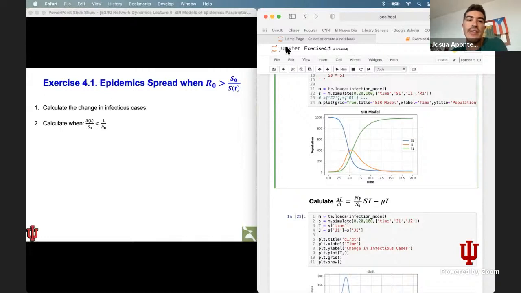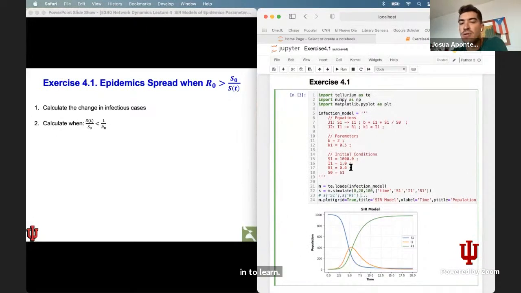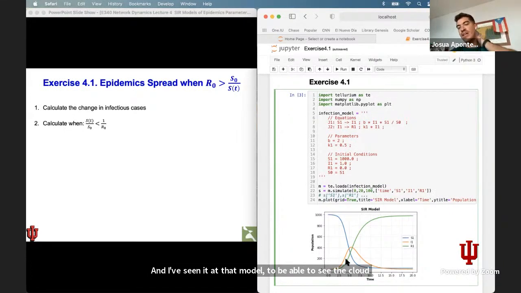And again, as I mentioned in this first part, I haven't done anything really. I have just specified the SIR model in Tellurium, shown some parameter values, and I've simulated that model to be able to see the traditional shape of an SIR epidemic.